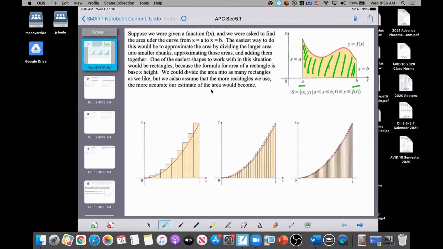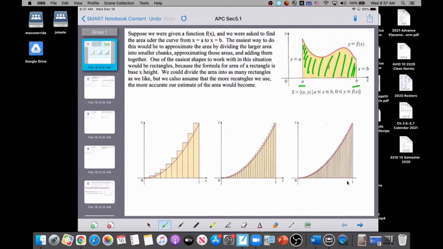And in this instance, when we're trying to estimate area under a curve, one of the easiest shapes that we can use is rectangles. So these three pictures below here kind of illustrate the idea that we're going for, right? The formula for area of a rectangle is just its base times its height, so it's an easy area to calculate, and then we can just add up our areas to get an estimate of the area under the curve.